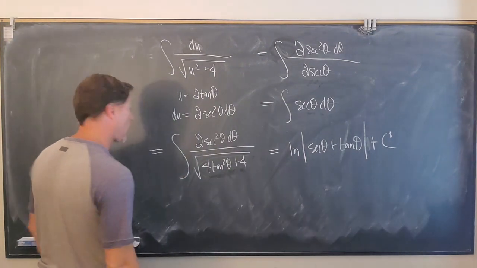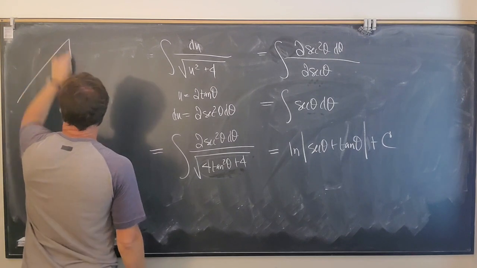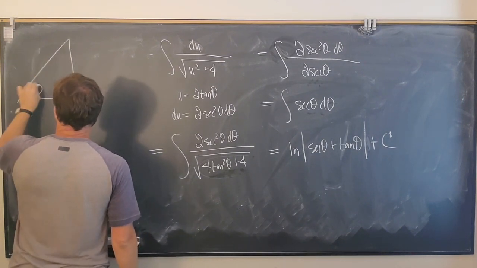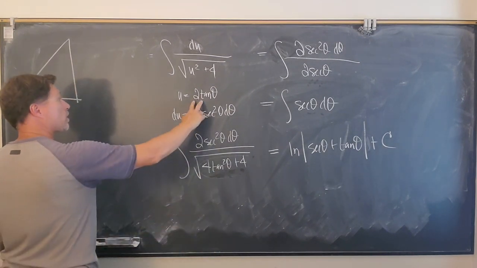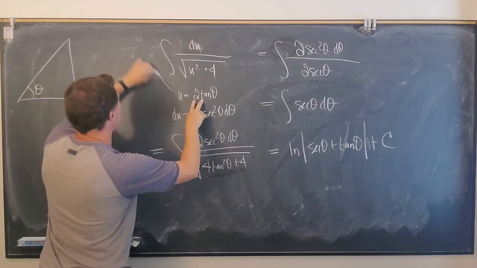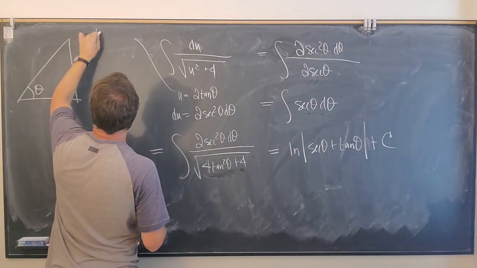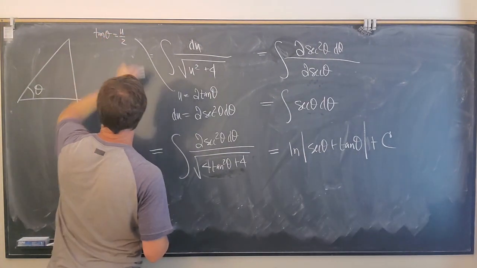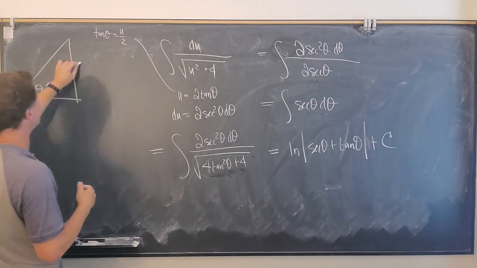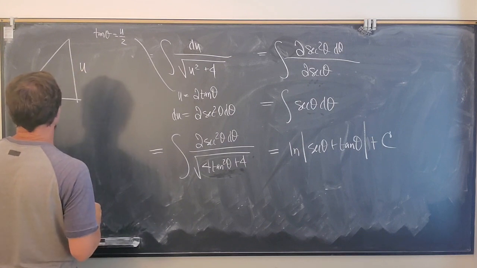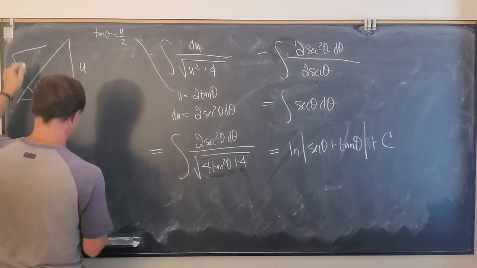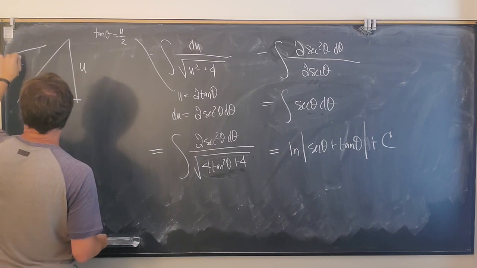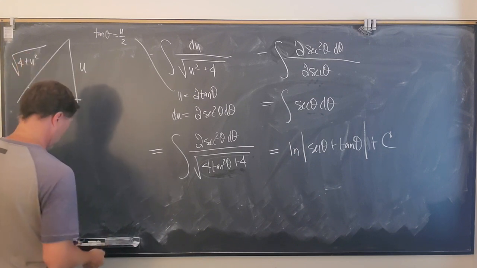Okay, now it's time to draw the triangle, labeled according to our substitution equation, which is right here. So if I take that equation and rewrite it, what we have is tangent theta equals u over 2. So I'm going to label opposite over adjacent, and then the hypotenuse becomes the square root of 4 plus u squared.